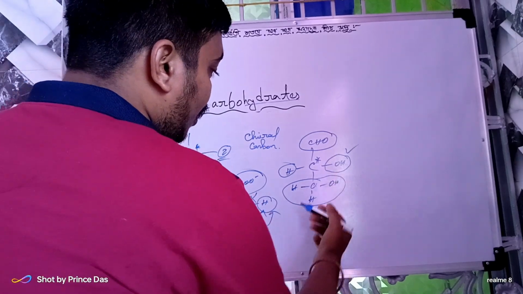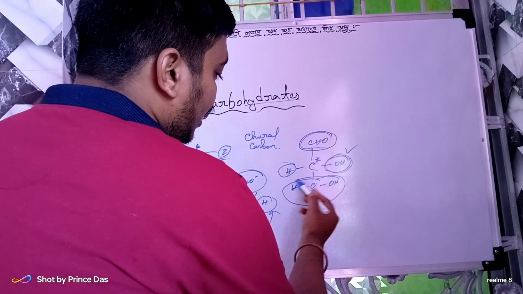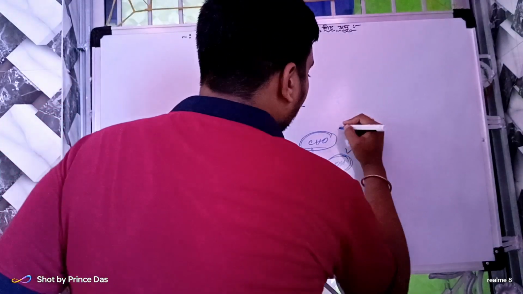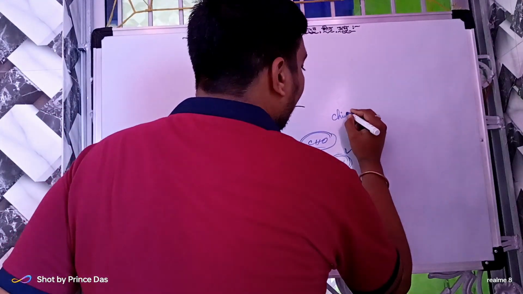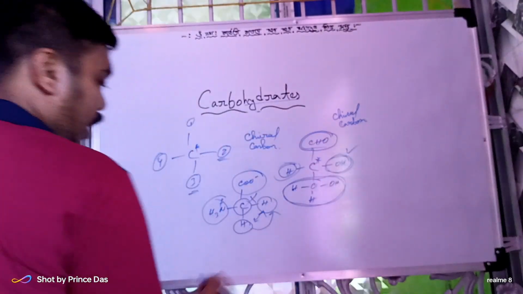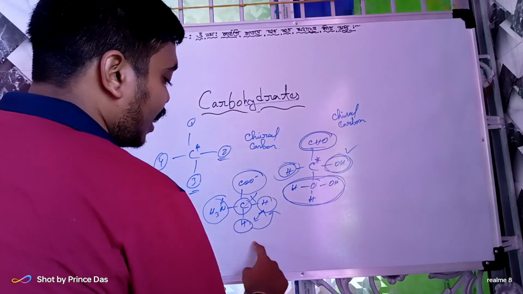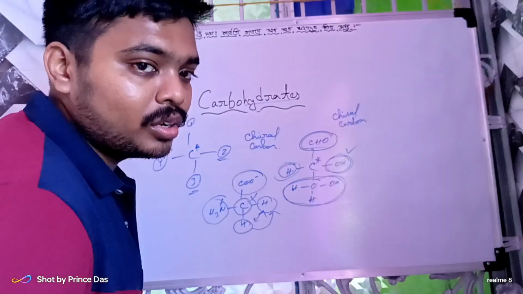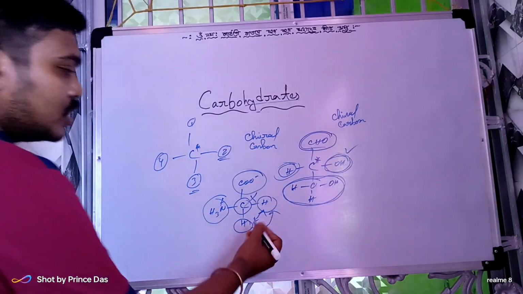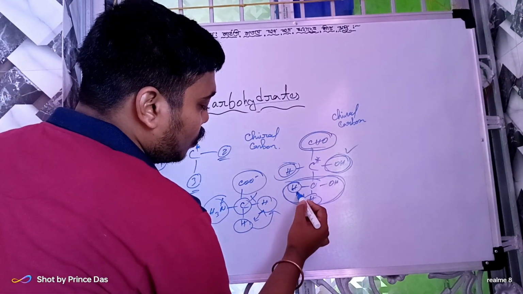And here it's called a chiral carbon because there are 4 different groups: CHO, OH, this one, and hydrogen. And this one is not a chiral carbon. Same logic applies: here and here is the same group.